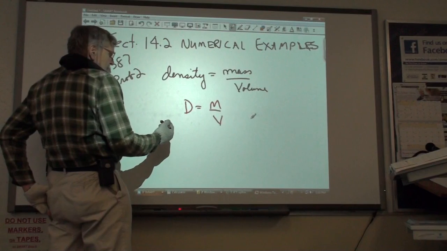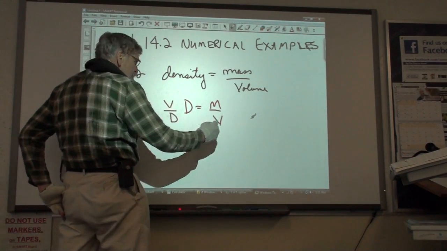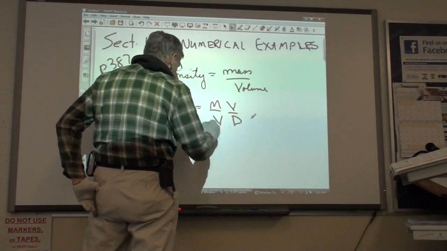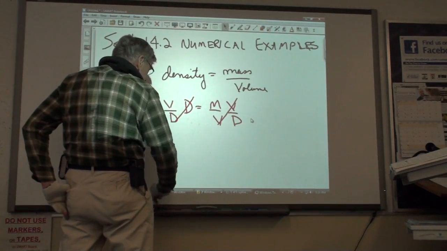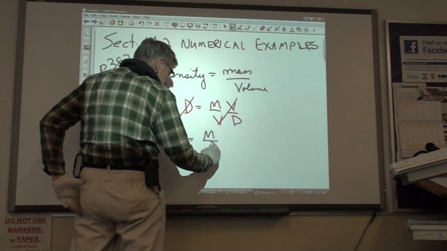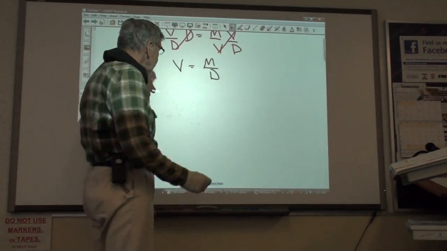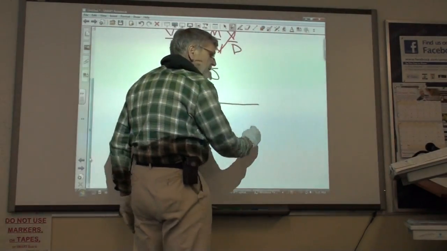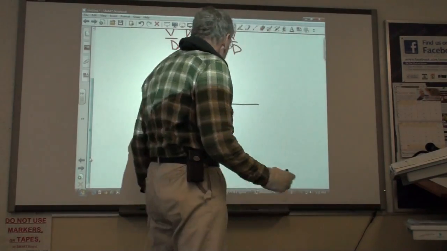Now, if we multiply each side by V over D, then we see that the D's cancel out here, the V's cancel out here, and we arrive at the volume is equal to the mass divided by the density. Now, in this problem, we're given that the density of the interstellar cloud is 1.67 times 10 to the minus 20.